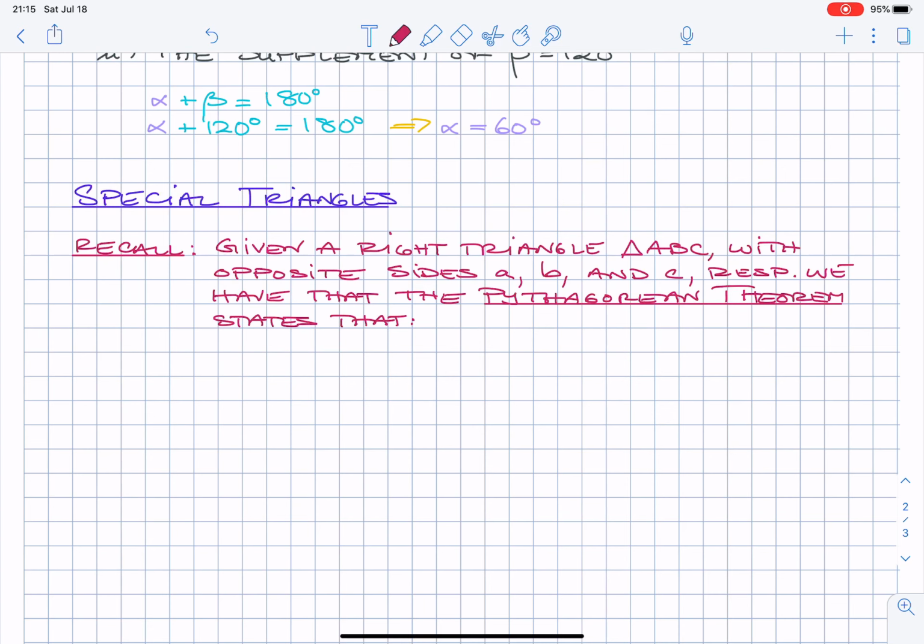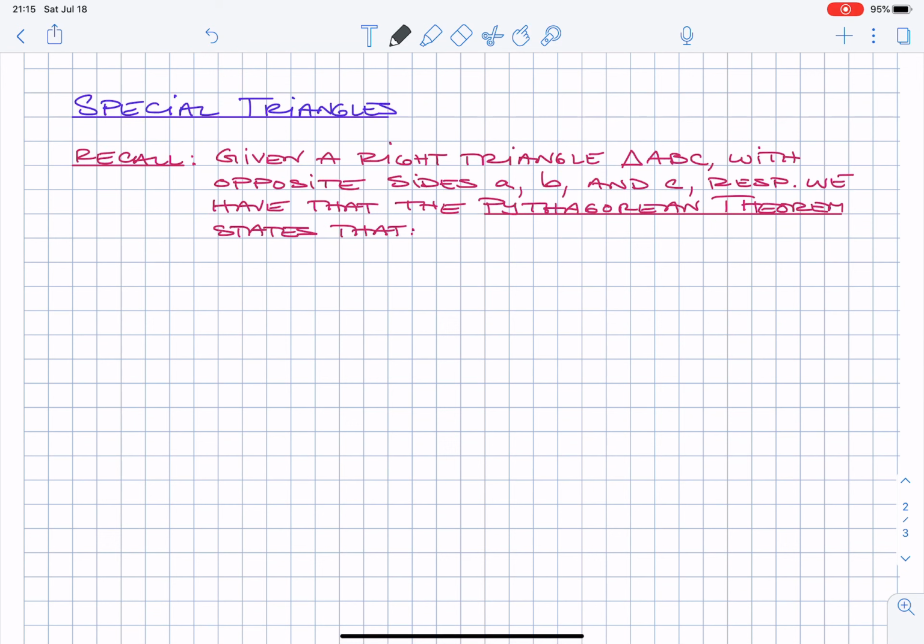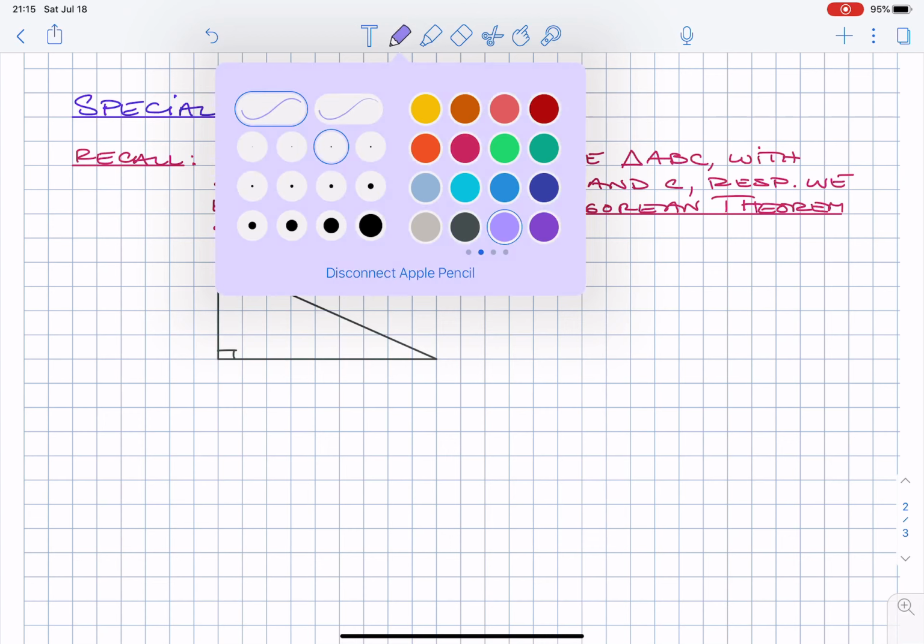Okay, so let me draw a picture first. What are we talking about? We're talking about a right triangle. So it's got a right angle somewhere. Let me draw this little right angle a bit better. Okay, so this is triangle ABC.